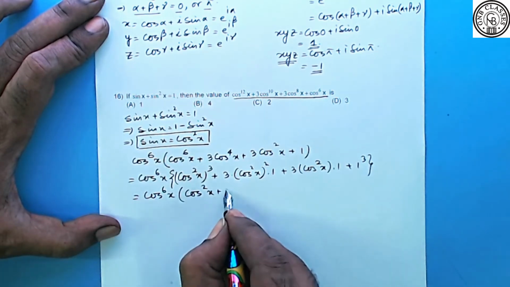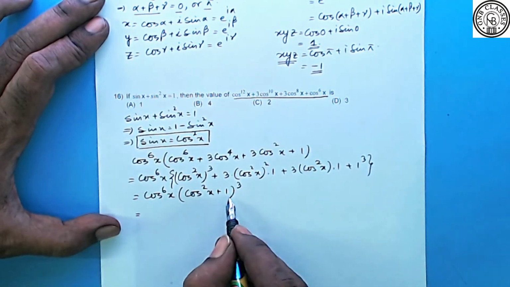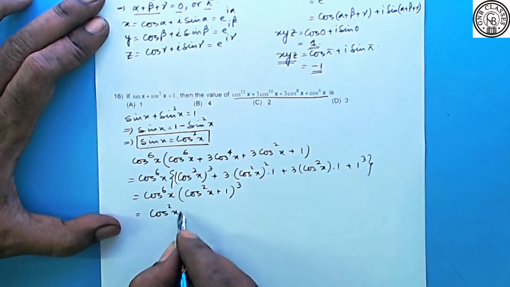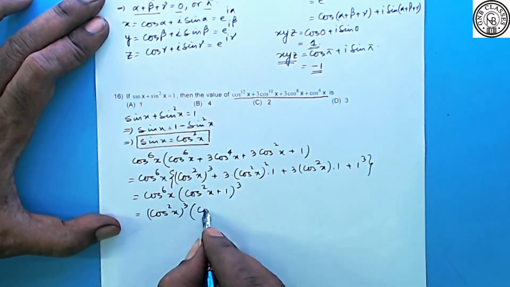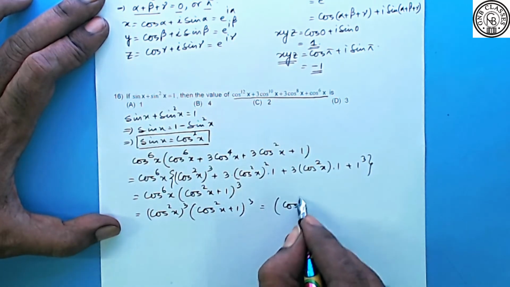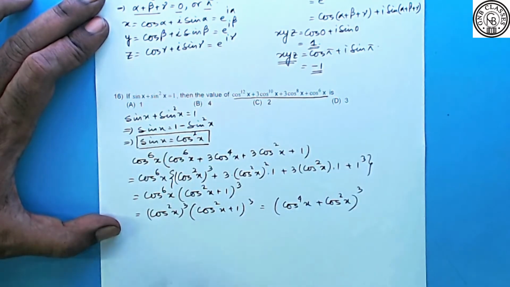So that is cos square x plus 1 whole cube. Cos to the power 6x, I can take it inside the bracket, so it will become cos to the power 4x plus cos square x whole cube.